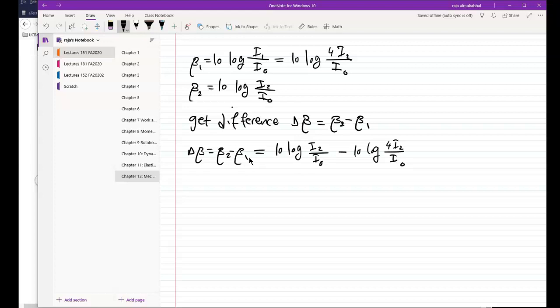And then you know how logs combine together, correct? So take 10 as a common factor, and that will give me log, you know, when logs combine, if you have log V minus log W, let's say, that's equal to log V over W. Remember that?